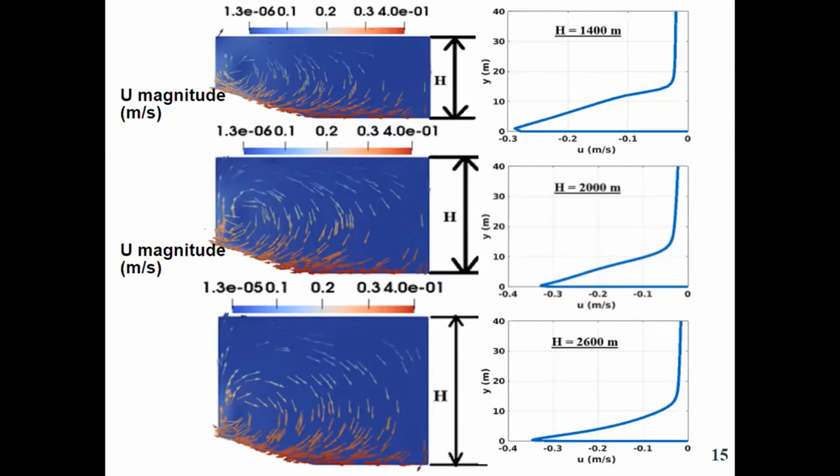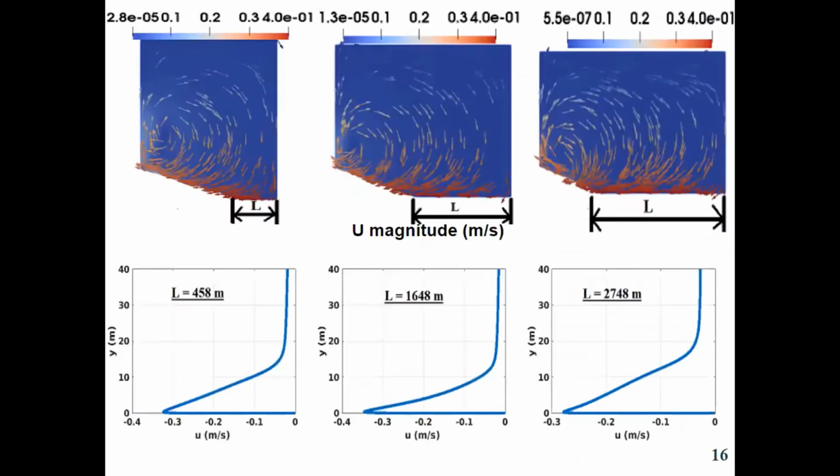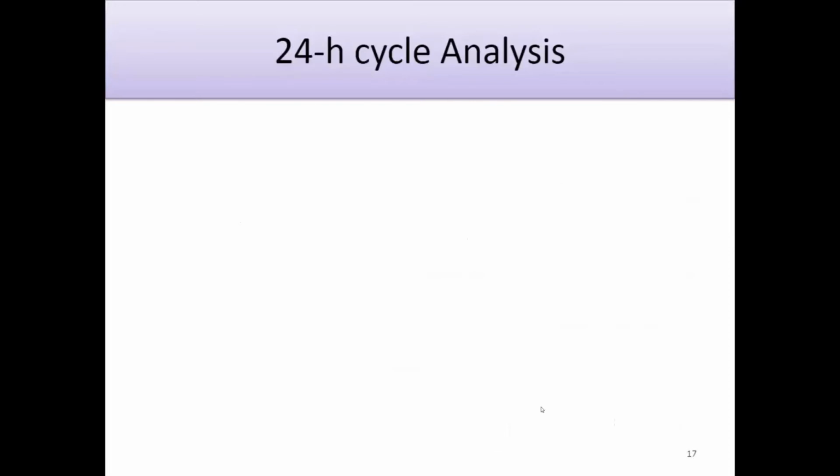We finally found that at H equal to 2600, it gave a good result when compared with the literature. Similarly, we looked at the flat length, which was done with 1648 meters.